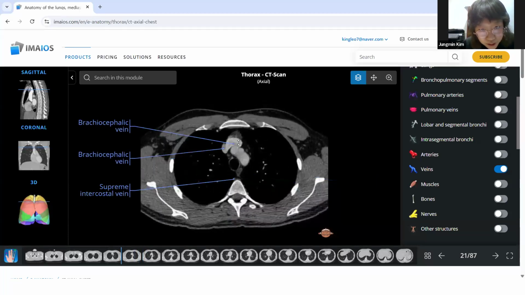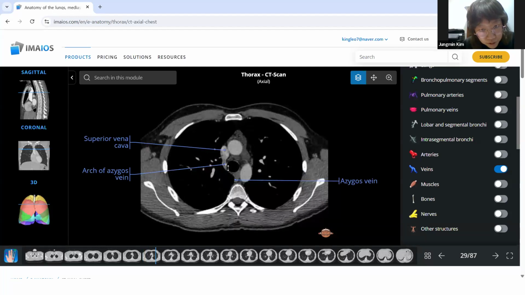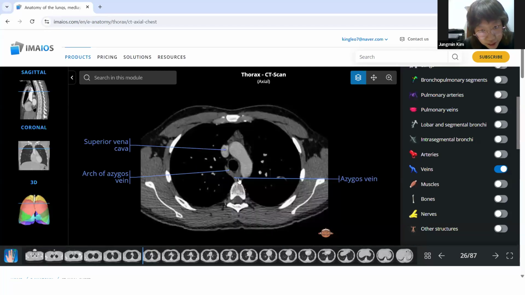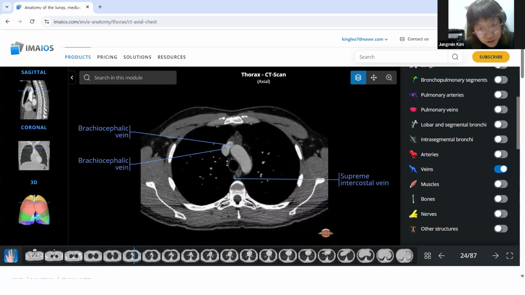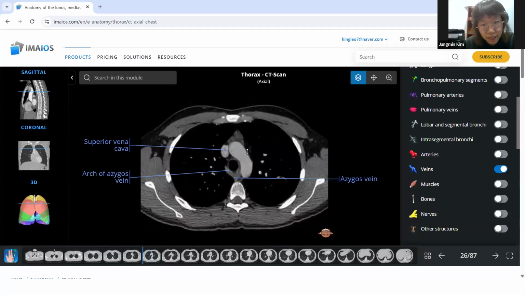So this is the brachiocephalic vein, and anything below this level and anything above this azygos vein you can see here belongs to the lower paratracheal right lymph nodes. And on the left side, you can see this aortic arch.